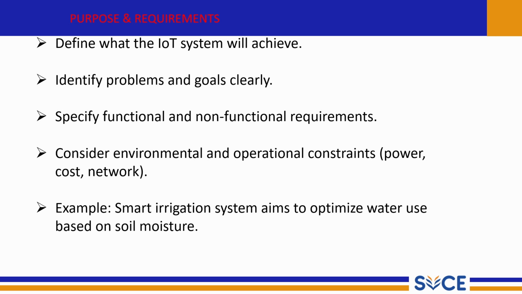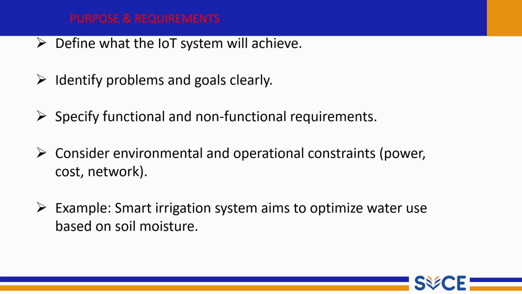So the first step is purpose and requirements. Why is this the first step? Before designing or coding, you must know what the problem is. For example, think of a smart irrigation system. The purpose will be to reduce water waste. Based on the problem statement, we have to think about the requirements.